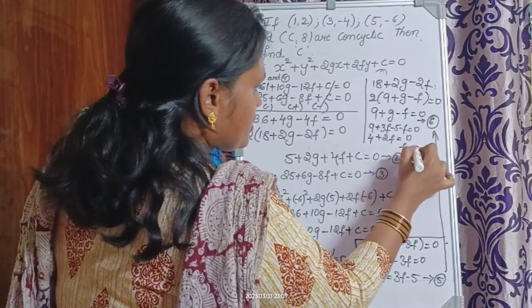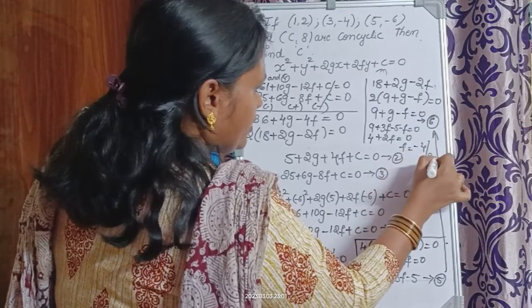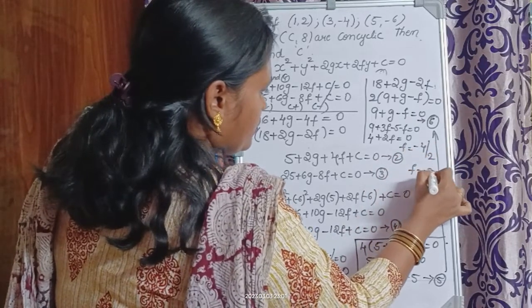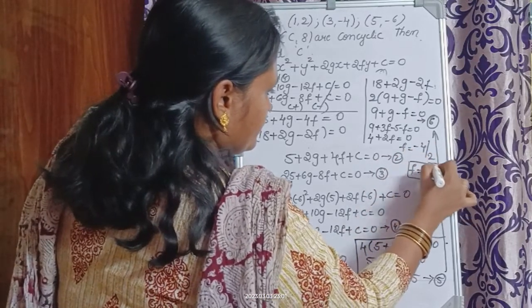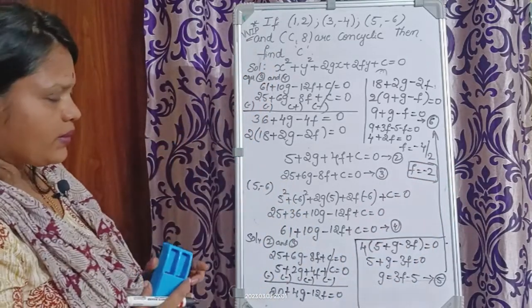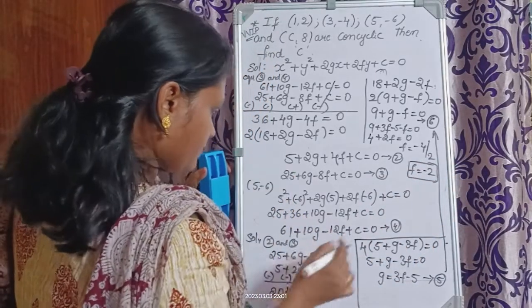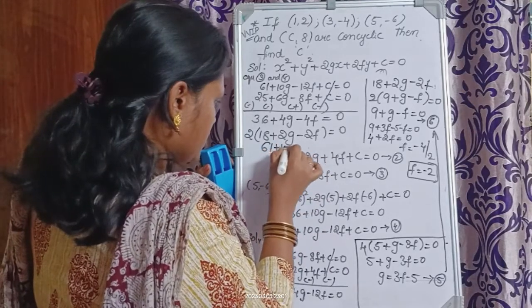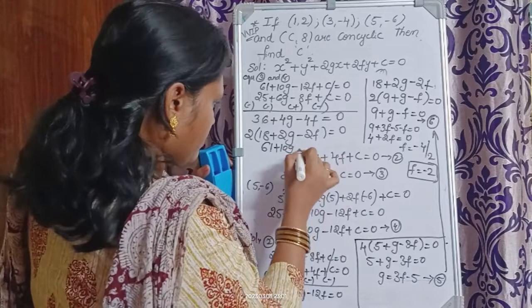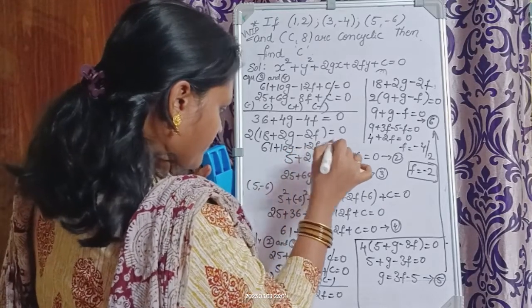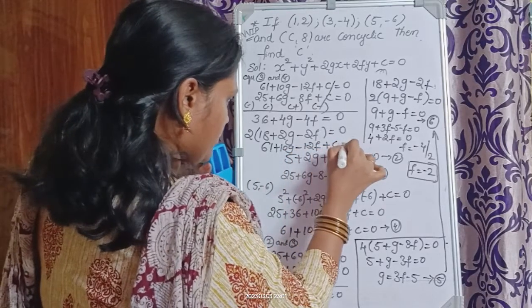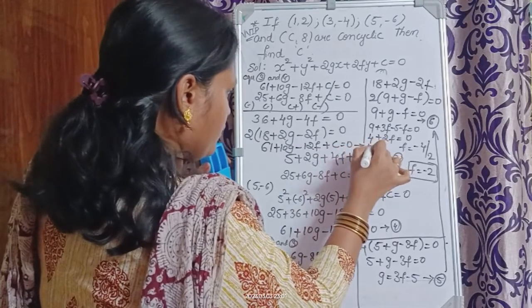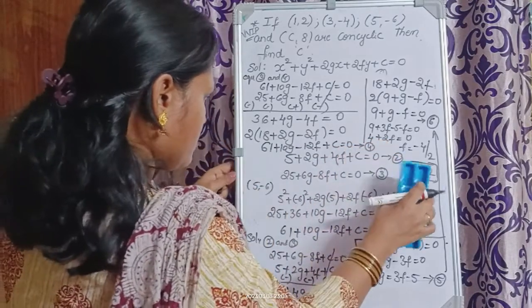In other words, f is equal to minus 4 by 2, or f is equal to minus 2. Just write equation 4 over here: 61 plus 10g minus 12f plus c is equal to 0.